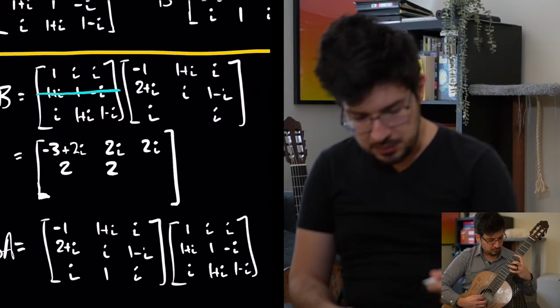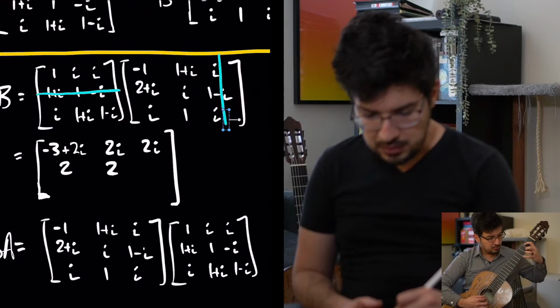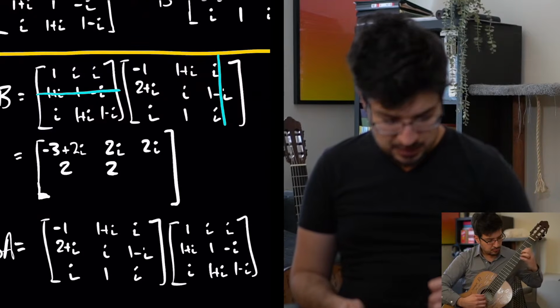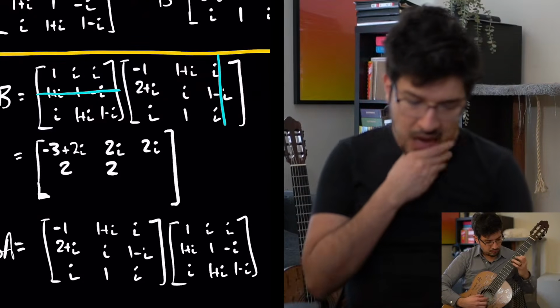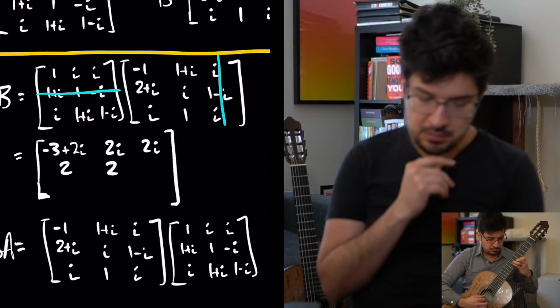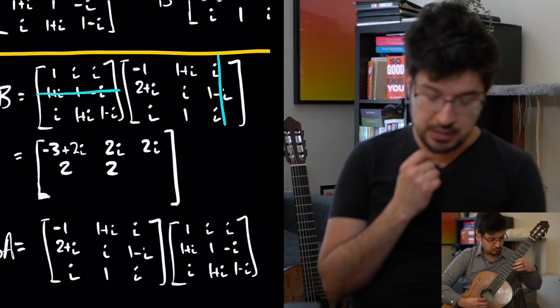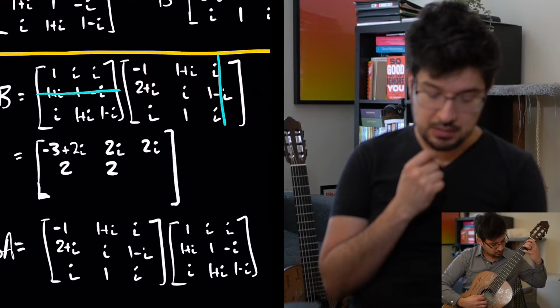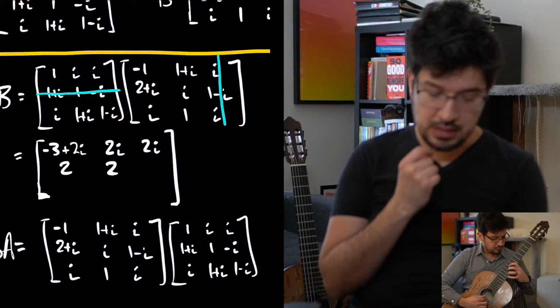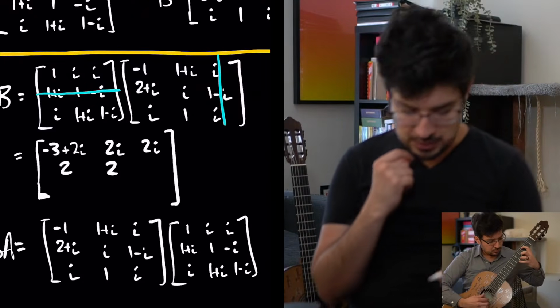And now, middle row and last column, minus 1 plus i, minus 1 plus i minus i, so we're at 0, and yeah, positive 1.